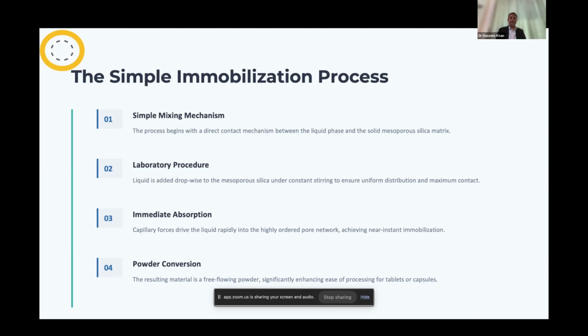We have taken samples like peppermint oil and cinnamon oil, and we have already processed these samples. We got a yield of 75% conversion. In the market you can see many other things used to convert oil to powder, but the process is a bit tedious. Here it is simple mixing, and you will get free-flowing powder. So it's very easy.